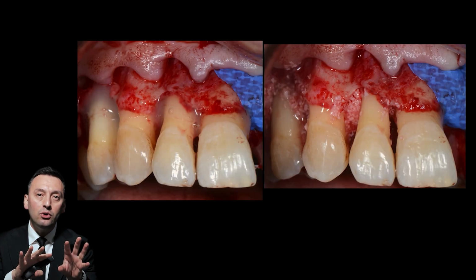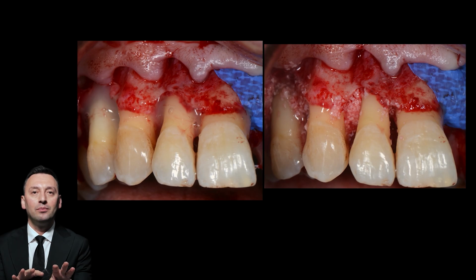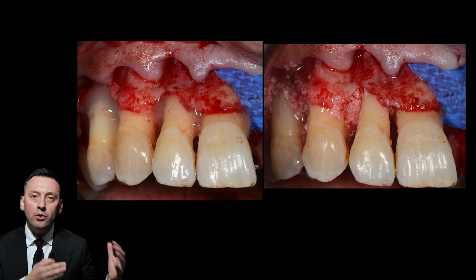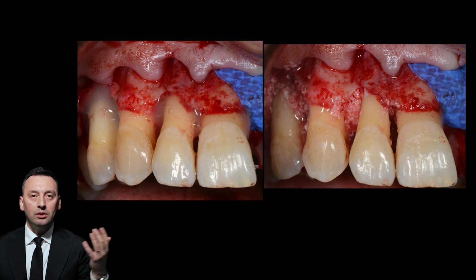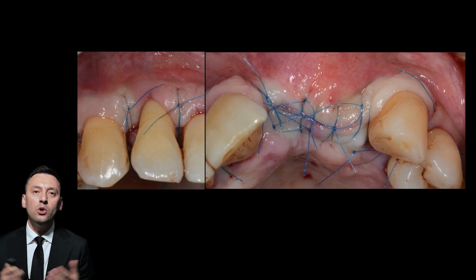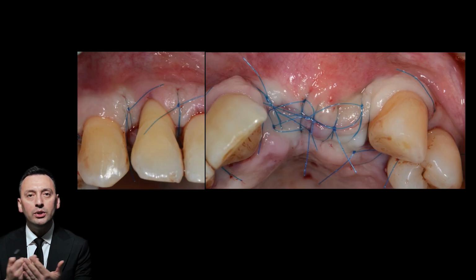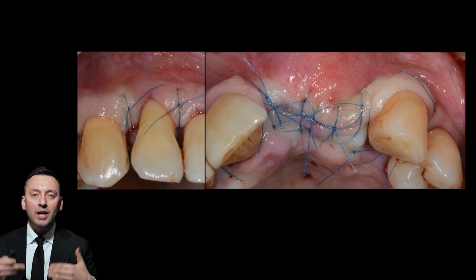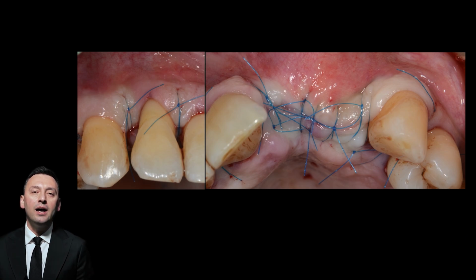You're coming back to your original problem, which was the 12 millimeters of pocketing around number 12, and also some deep pockets on the adjacent neighboring teeth. So with periosteal releasing, we are going to obtain primary wound closure, which should be maintained over time.